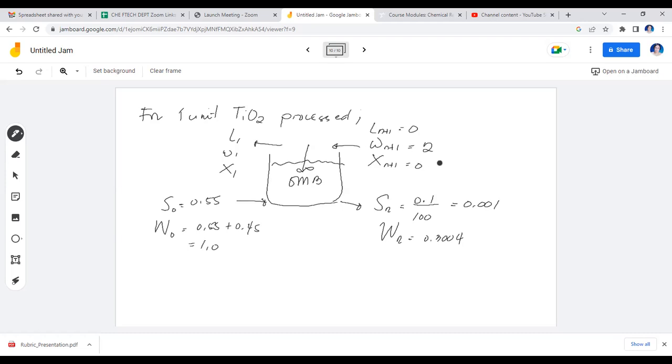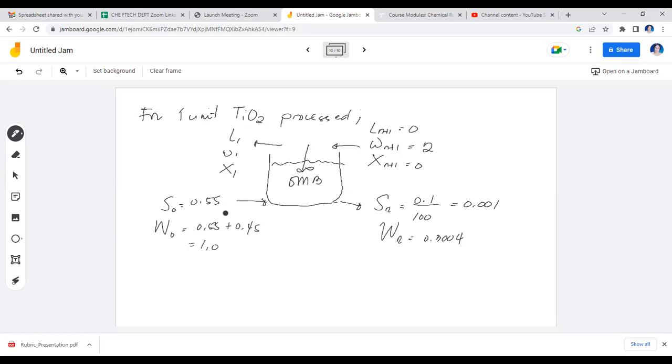So for the 200 kilograms per second wash water used, I only place here 2. This wash water doesn't contain any solute, so the concentration is 0 for both. This is how we represent the solute content, the amount of the final wash water, and its concentration here generally. We don't know them yet.